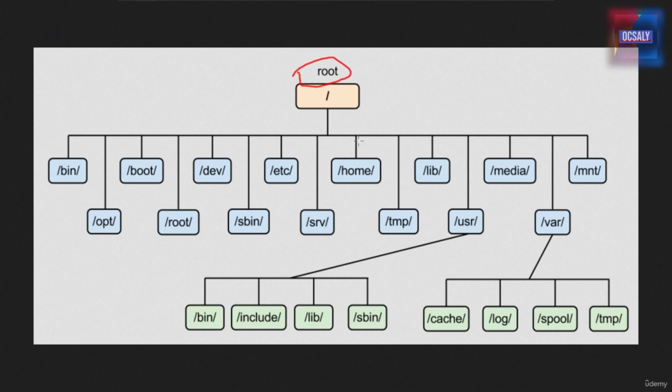Linux causes files and directories to appear within these mount point directories even though they are physically stored on a different drive. Often system files are physically stored on the root drive, and user files are typically stored on separate drives in Linux.